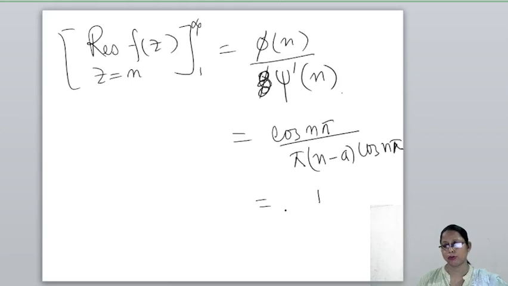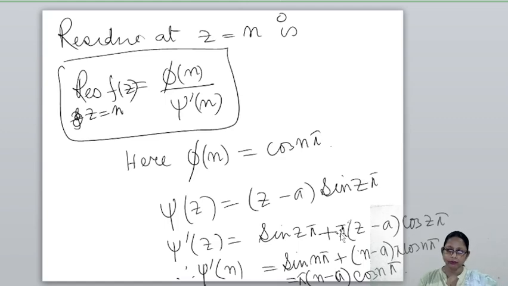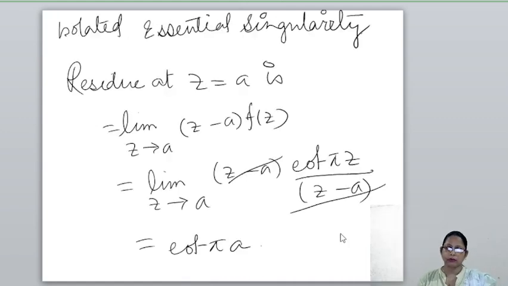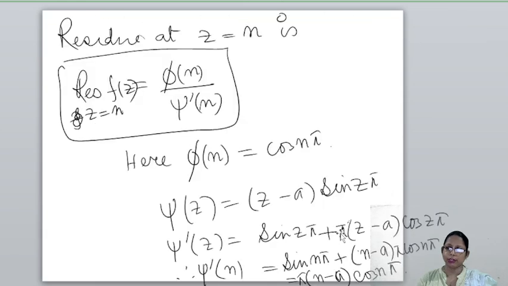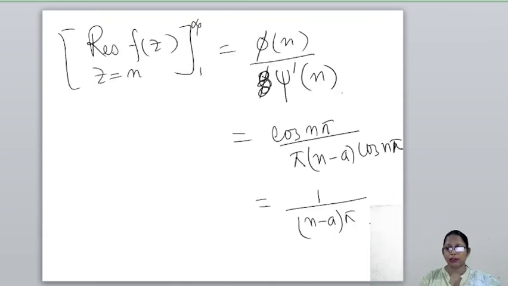This is equal to 1 by (n − a)π, which is the required answer. With that I would like to conclude. The remaining will be in the next lecture. Thank you.